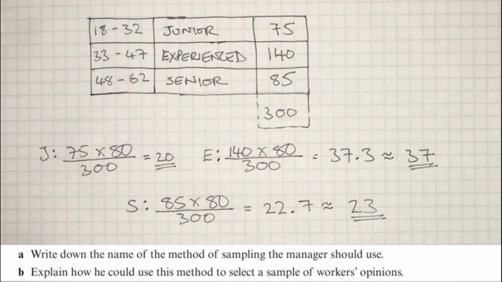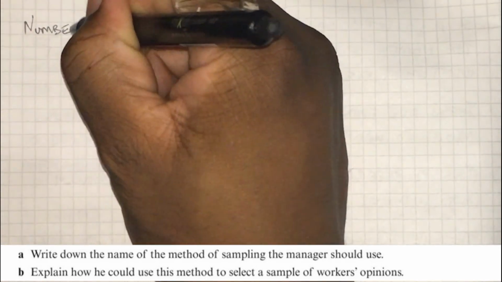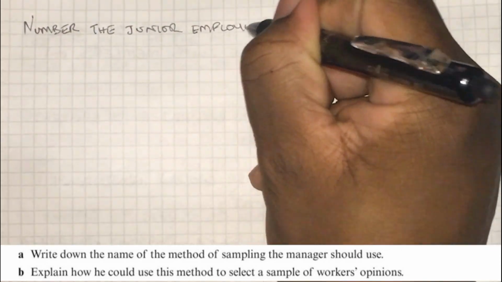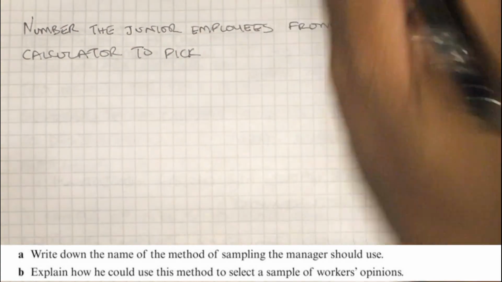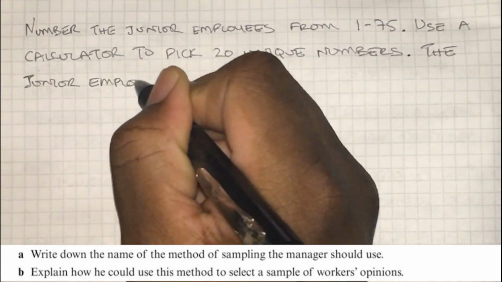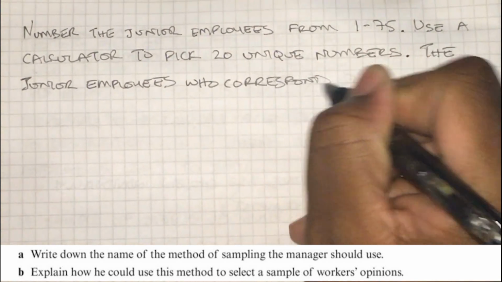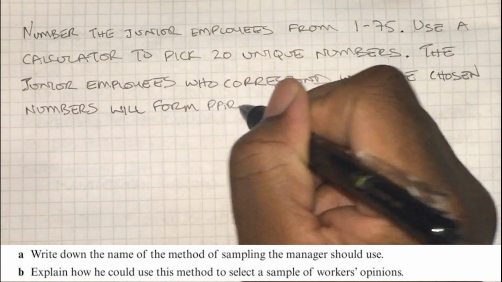Okay, so in each of the cases, we're going to specify exactly what we need to do to produce a stratified sample. So for the junior employees, I need to number the junior employees from 1 to 75. And then I need to pick 20 unique numbers using a calculator or random number generator, and all of the employees who correspond to those unique numbers will form part of the sample.